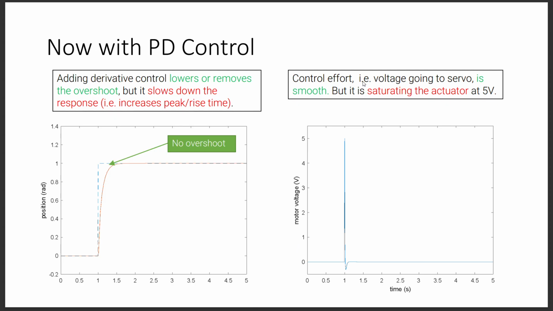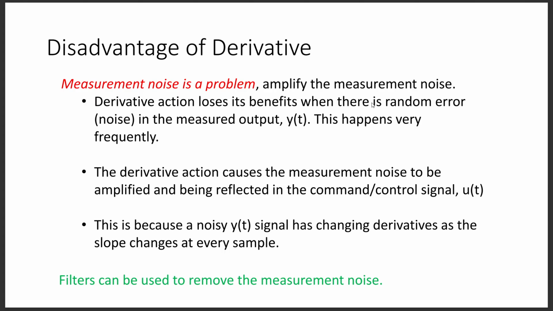So if we are talking about real systems, the actual equipment that is supposed to take the action might saturate, might not be able to do that. Your actuator might saturate. So another disadvantage of derivative is that if you have noise in your measurement data, it's really sensitive to it.